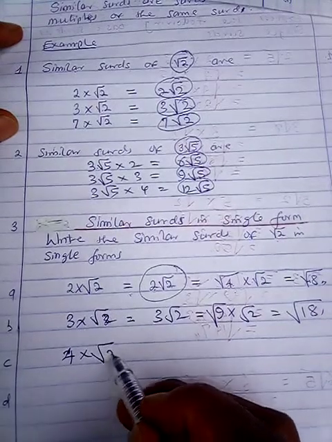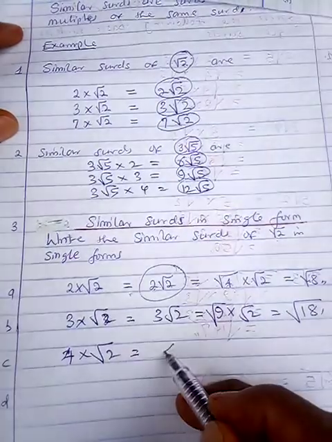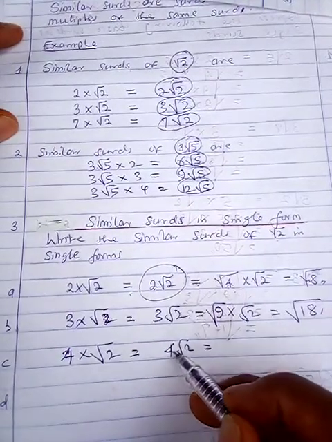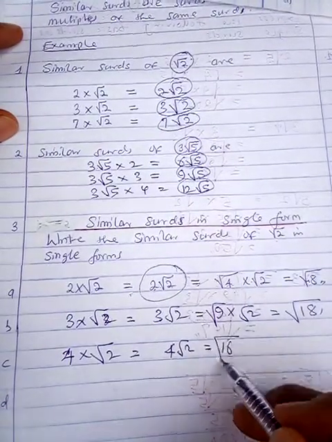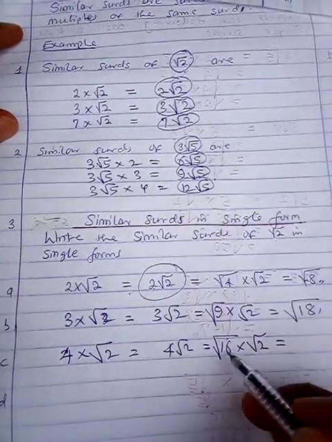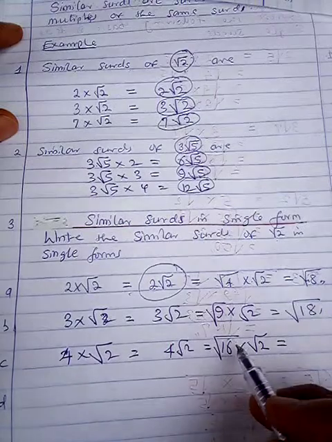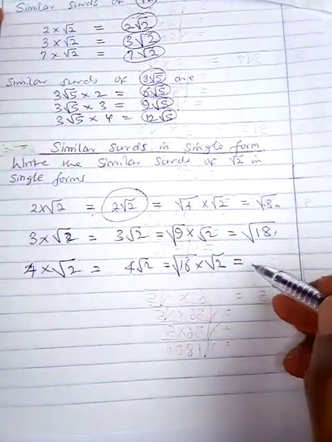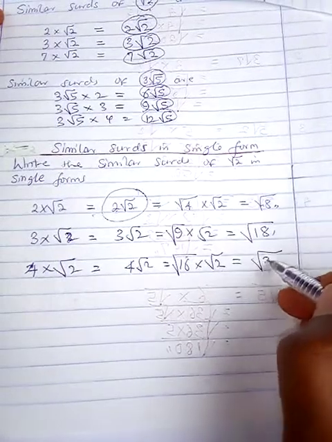That's going to be 4 times sword 2, which gives us 4 sword 2. And then 4 squared is 16. Then we put 16 in the square root, multiplied by the sword. Then unify the sword. It's going to give us 16 times 2, which is the same as sword 32.